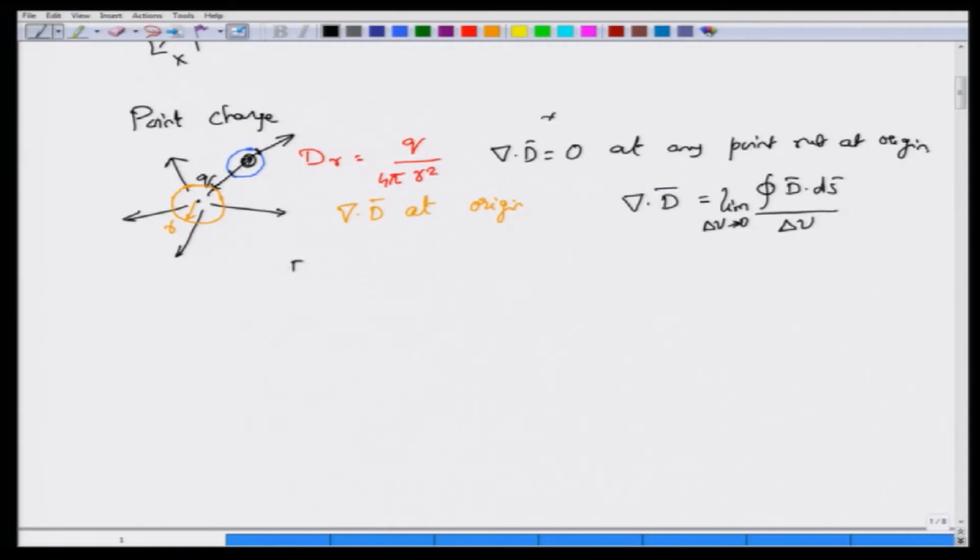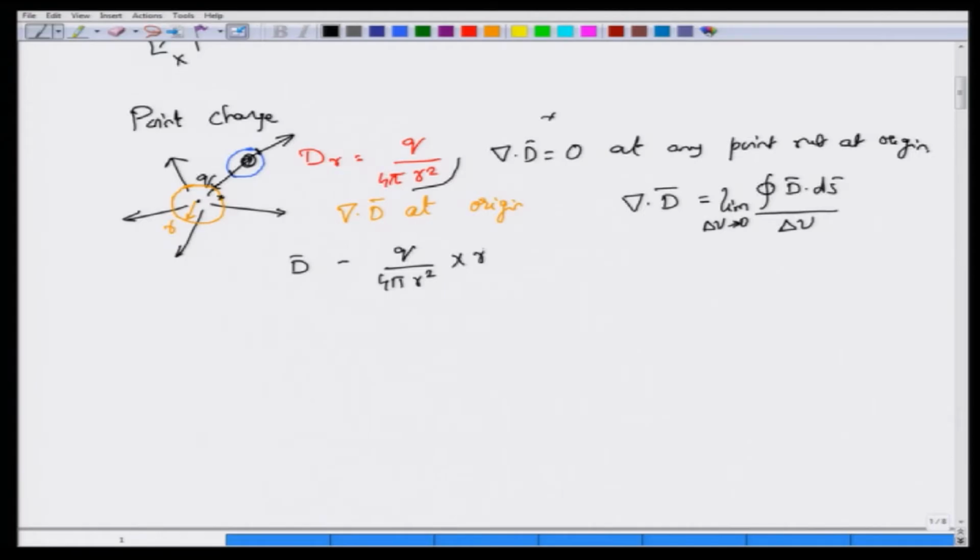Now, I know that D field for point charge goes as 1 by r square, right. So, the D field decreases as 1 by r square. Therefore, at the surface of the sphere, which is at a radius r as measured from the origin, it will be q by 4 pi r square, okay.